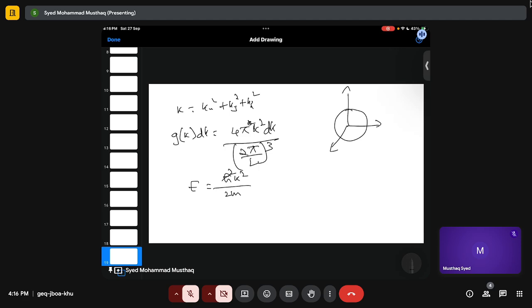If I do the differentiation, k will be equal to square root of 2mE by h cut square, and dk will be equal to 1 by 2k times 2m by h cut square dE.